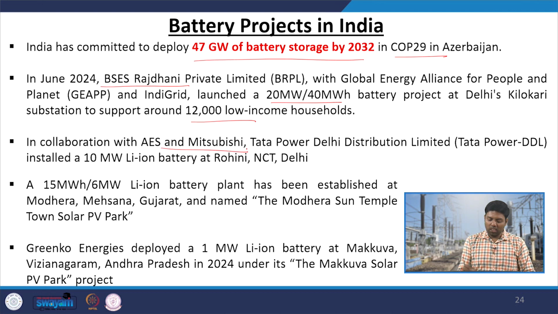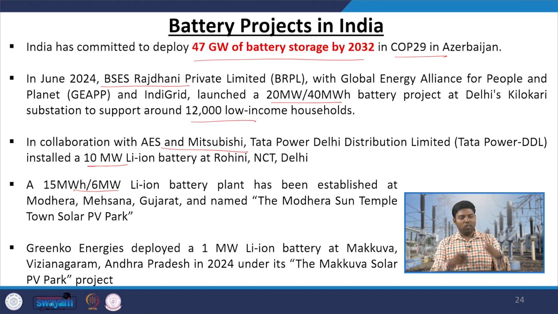Then Mitsubishi and Tata Power Delhi Distribution Limited also installed a 10 megawatt lithium ion battery at Rohini. In Gujarat, the Modhera Sun Temple Town Solar PV Park has installed a 15 megawatt hour, 6 megawatt battery, and many more small projects are also coming up in India to support renewable energy integration in the distribution network.